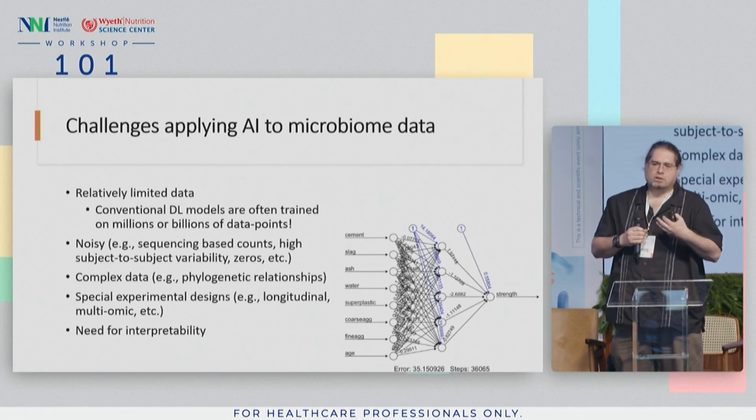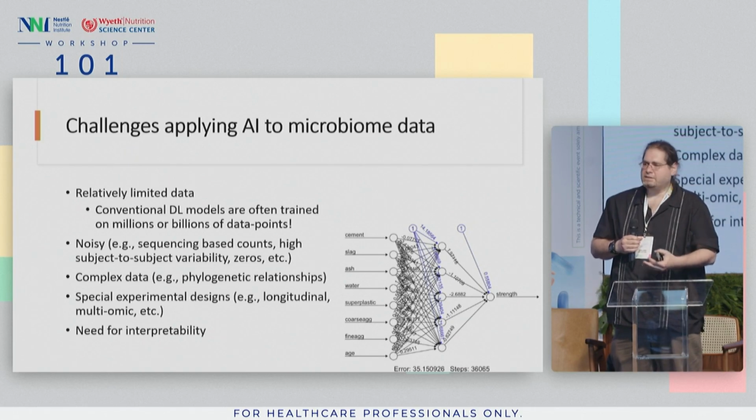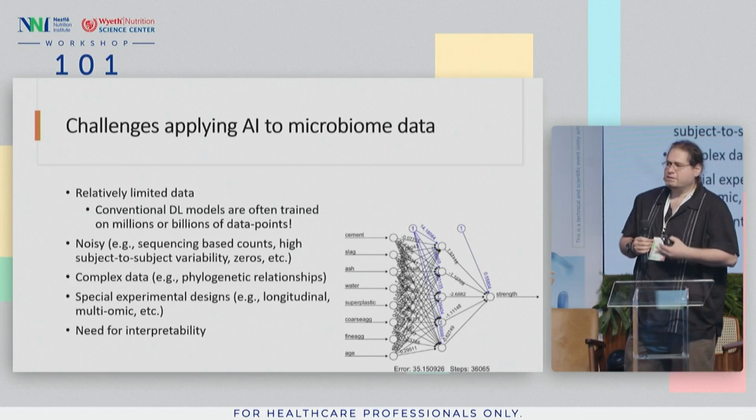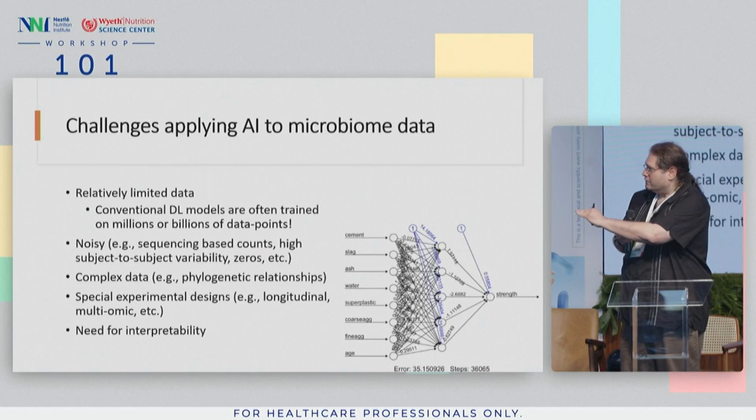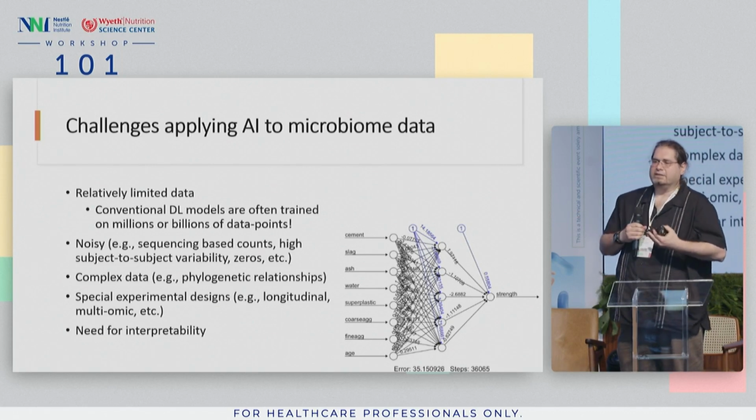And the last one, though, I really want to draw your attention to, it's very important that we're able to interpret what these models are doing. When you look at a system like ChatGPT or image recognition systems, they're essentially black boxes. We don't know or care as much what they're doing, but in a biomedical context, that won't work. And what I'm showing there is a neural network model.